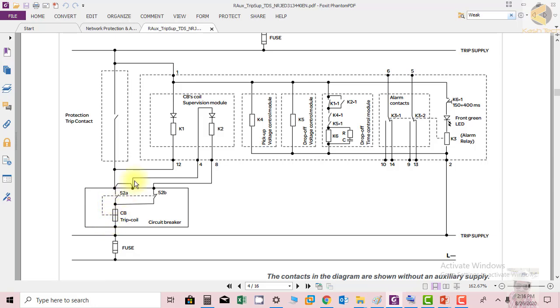So now we will see it has two coils. The coil K1 is basically monitoring. You can see easily by this technique, because if the breaker is closed, this contact will be closed, and the coil K2 will be short circuited or bypassed. So it means that by just knowing this theory or concept, you can see easily that when this contact is closed, only this coil is supervising.